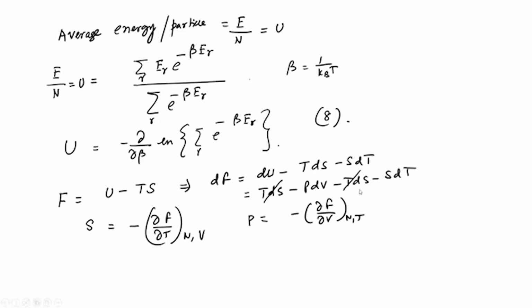So, this is what we get, and we have already gotten the internal energy expression. Now, you can write U equal to F plus TS, which is equal to F minus T del F del T, replacing the entropy, at constant N and V.